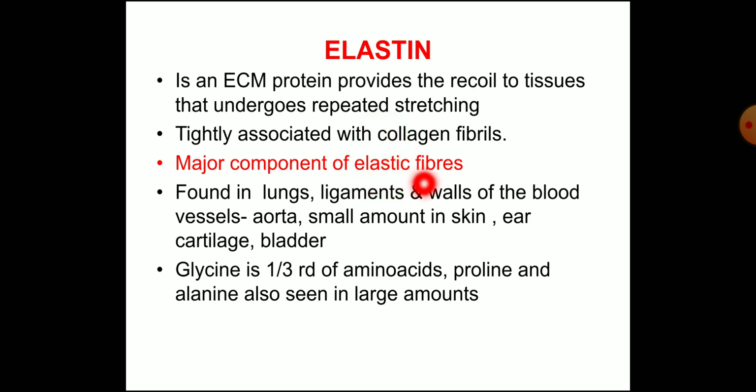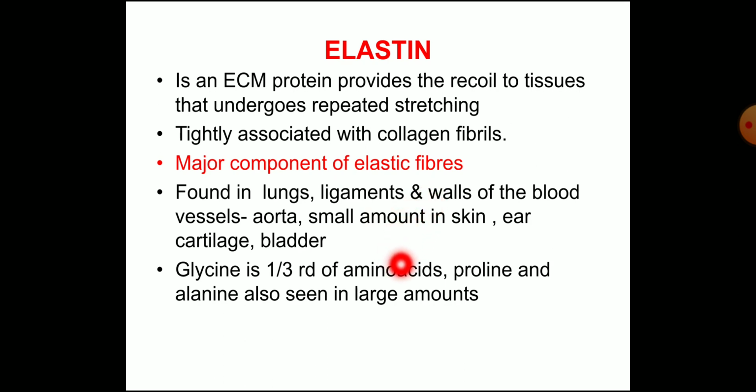The major component of elastic fibers is found in ligaments, lungs, and walls of blood vessels like the aorta. A small amount is seen in the skin, ear cartilage, and the bladder. Elasticity of the skin is mainly due to this elastin.